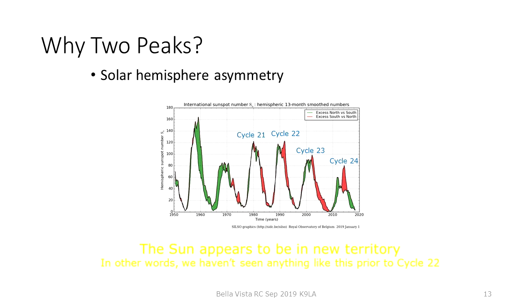Now you can see we've seen double peaks on cycle 22, cycle 23, and cycle 24. But the sun appears to be in new territory because we haven't seen anything like this prior to cycle 22. Our records go back to about 1750, and we don't see double peaks. Now you've got to watch it.